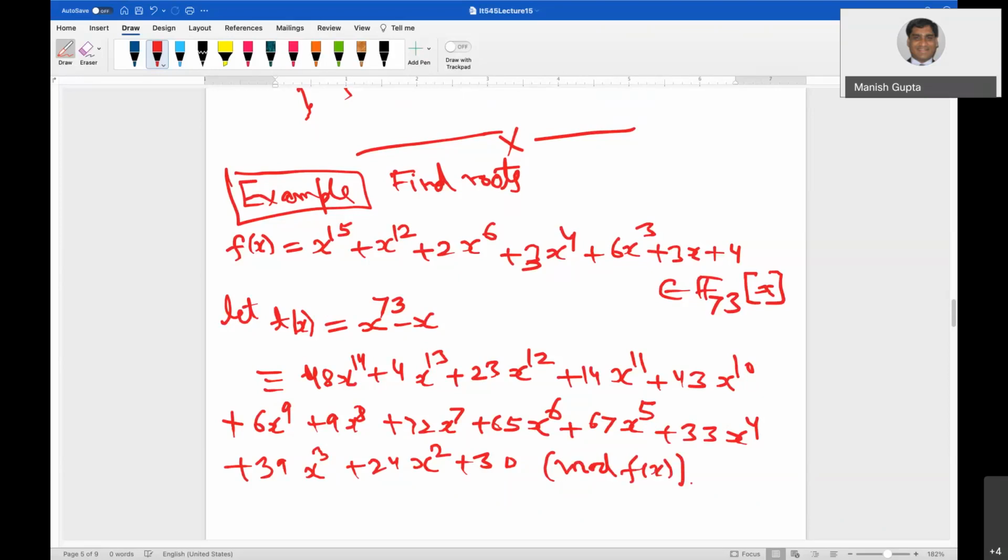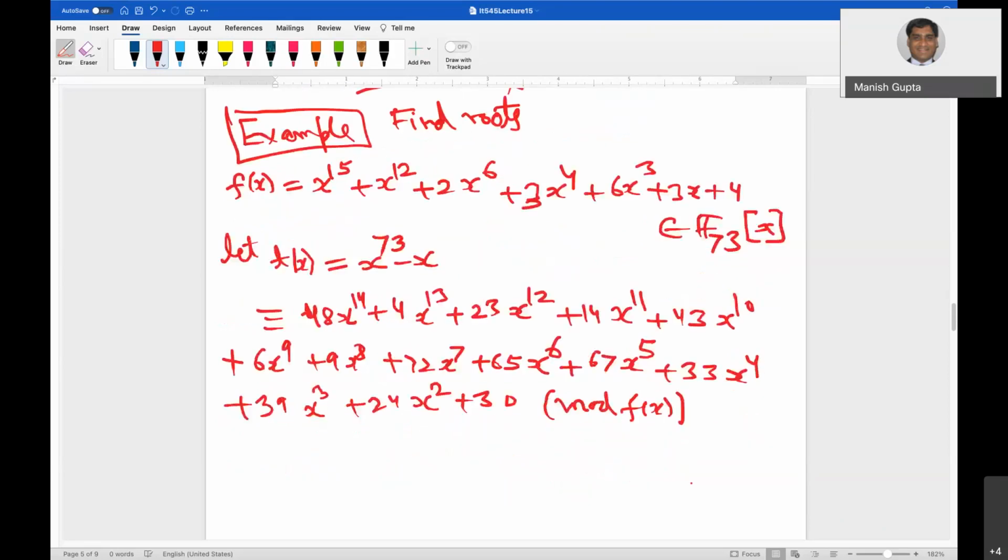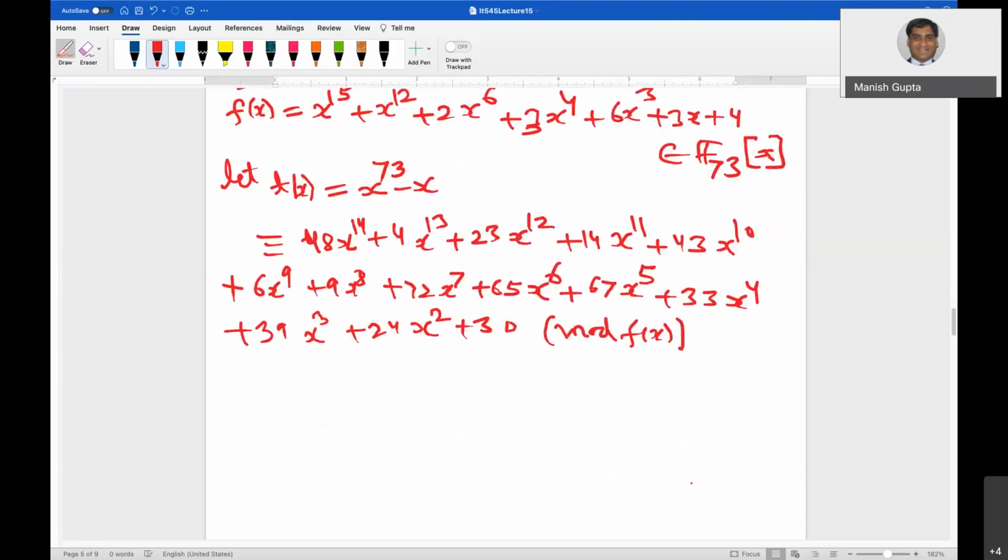I have divided by fx and looked at the remainder of the polynomial. So this turns out to be this. Now replace fx by the GCD of fx and tx.